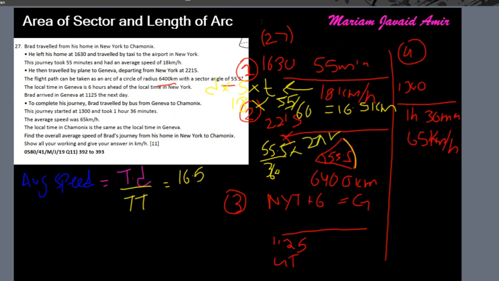This is the length of the arc. So 55.5 over 360 times 2 times pi times 6400, which gives us 6199.4095 kilometers.